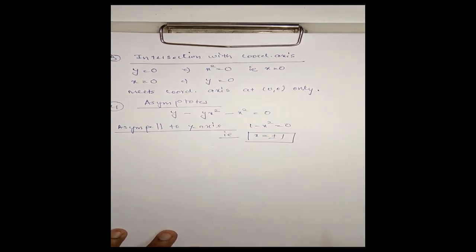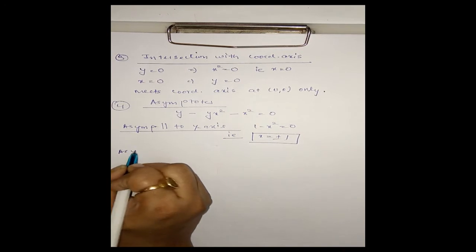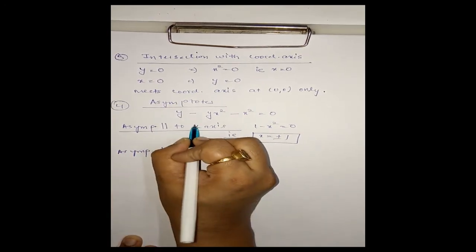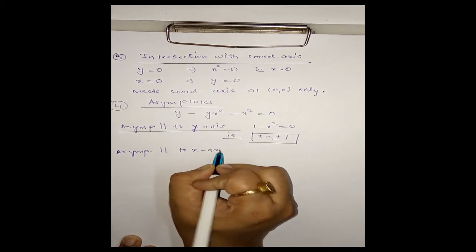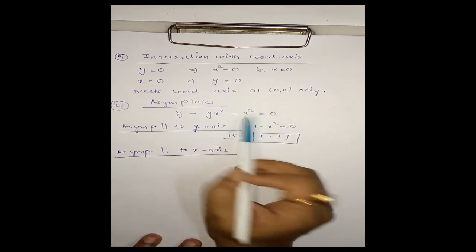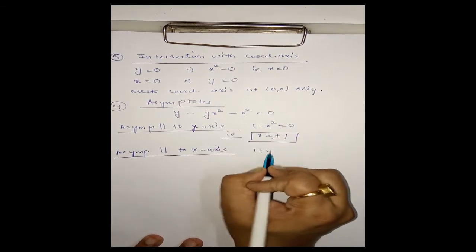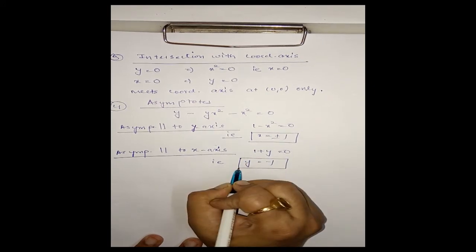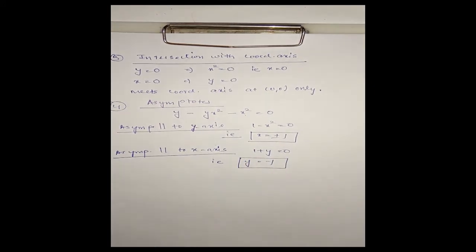This is the asymptote parallel to the y-axis, and in the same way the asymptote parallel to the x-axis. Now the coefficient is 1 plus y, that is 1 plus y is equal to 0, that is y is equal to minus 1. Okay, this is the asymptote parallel to the x-axis.